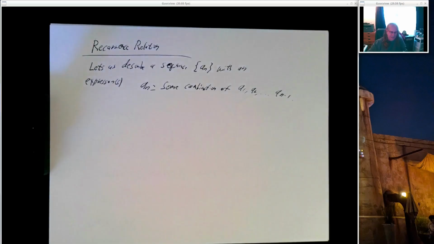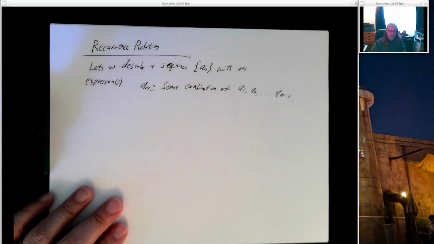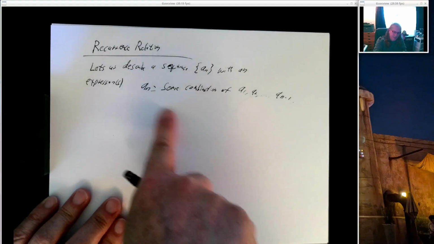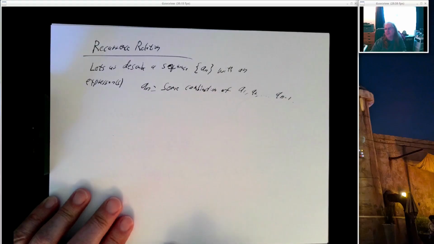Okay, let's unpack this. A recurrence relation is a way to describe a sequence by describing each term as some combination of the prior terms.